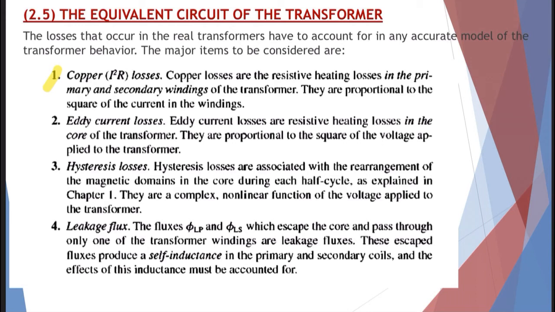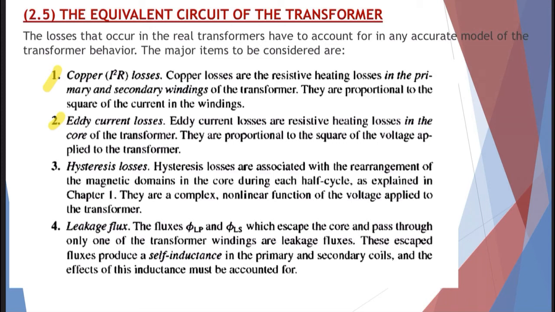Copper losses are the resistive heating losses in the primary and secondary windings of the transformer. They are proportional to the square of the current in the windings. Number 2, eddy current losses. Eddy current losses are resistive heating losses in the core of the transformer. They are proportional to the square of the voltage applied to the transformer.